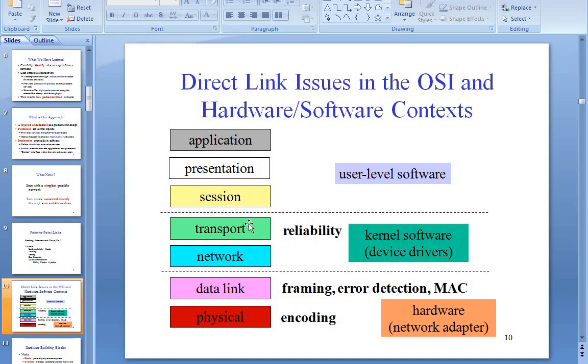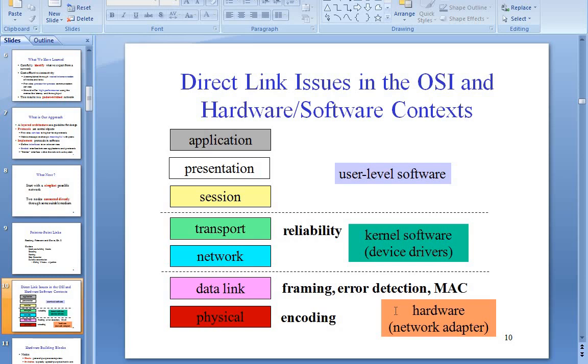The middle two layers, transport and network layer, are implemented in kernel software, or we can simply say device driver. The lower two layers, data link layer and physical layer, are implemented in hardware, or we can say network adapter, or more simply say network interface card.